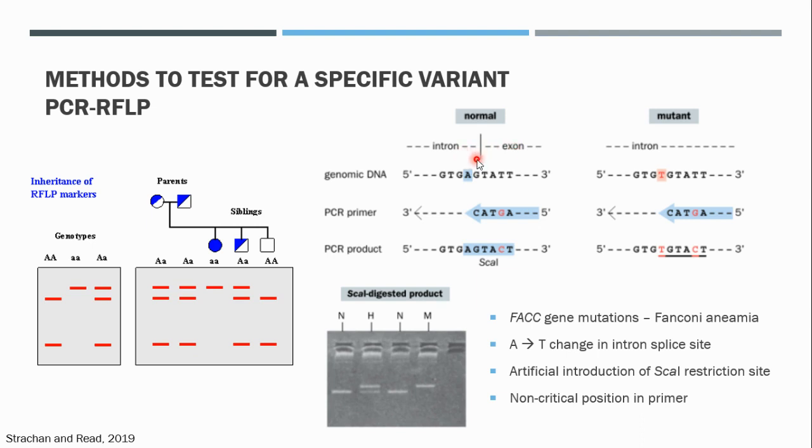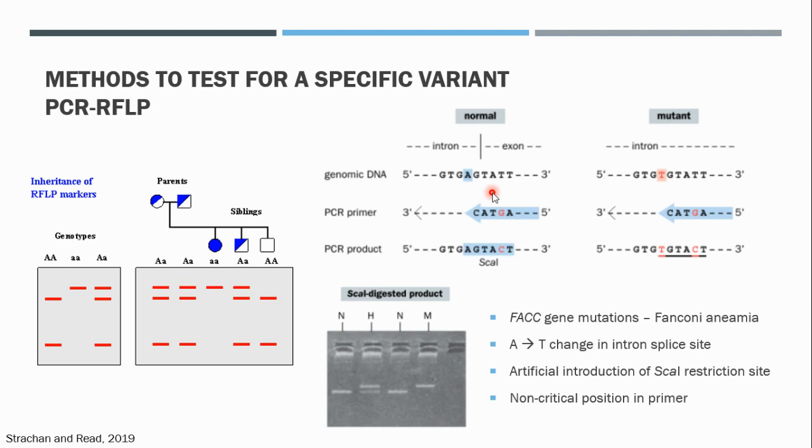And what this results in is a splice variant of the FACC gene, which leads to Fanconi anemia. So Fanconi anemia is a genetic disorder that leads to the reduced production of all different types of blood cells. And this single nucleotide polymorphism contributes to the development of Fanconi anemia.